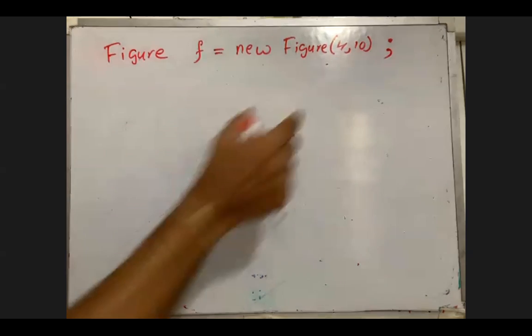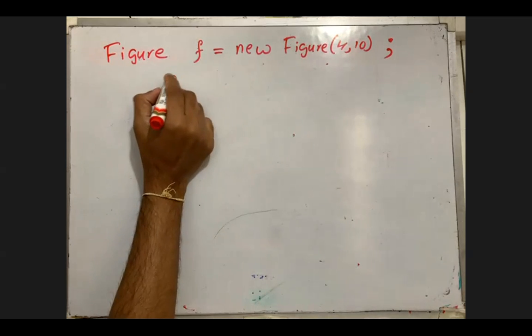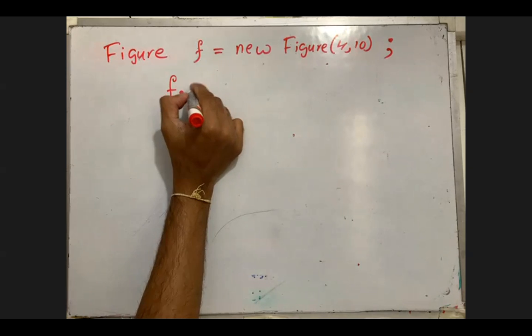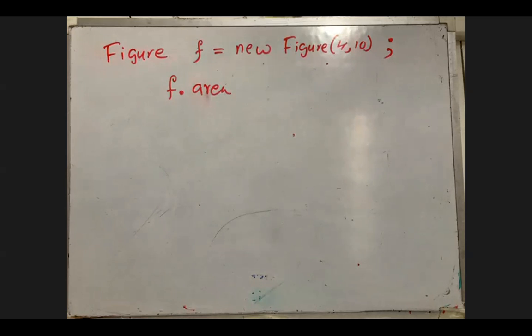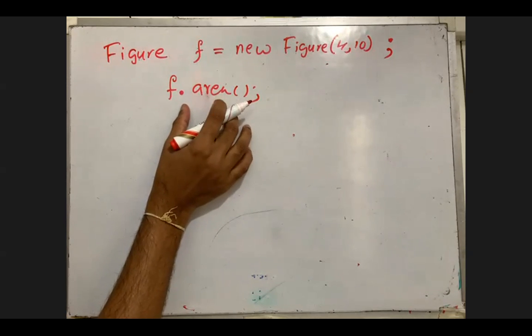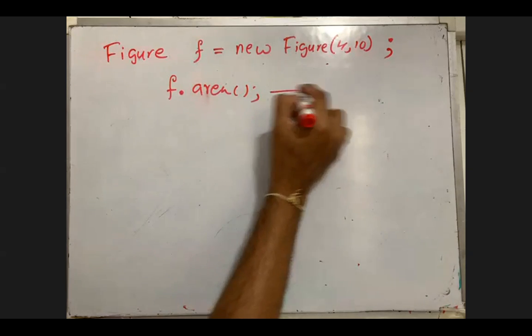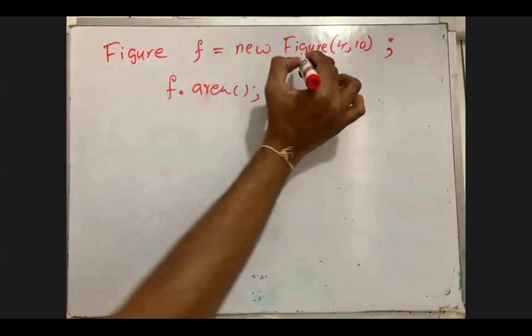So what happens if you create this one? Actually, the Figure class has a method called area. So if you try to call area, that means the abstract method area, how to execute this one? Now there is a problem. The reason is this has not been implemented. Therefore, this part gives you an error. You cannot call its own constructor.